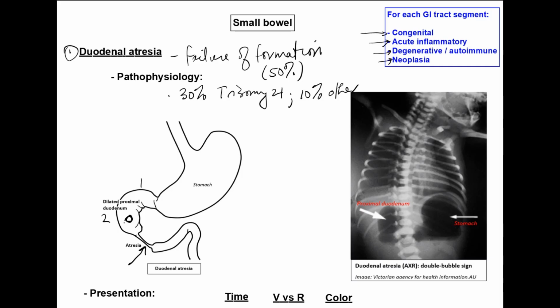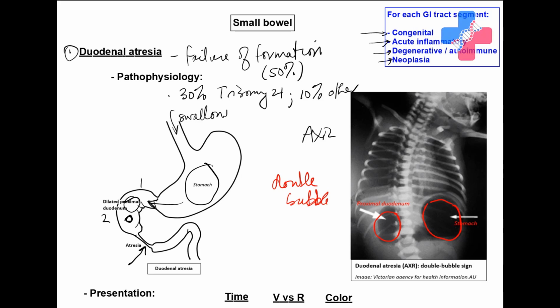As most of the air in the GI tract comes from swallowed air, the abdominal X-ray has a very characteristic feature in which we see air forming in the stomach, which can pass through the pylorus and form in the proximal duodenal segment. And on abdominal X-ray, that shows up as stomach and proximal duodenum, and so that is called the double bubble. Because of the obstruction, patients present with vomiting in the first or second day.